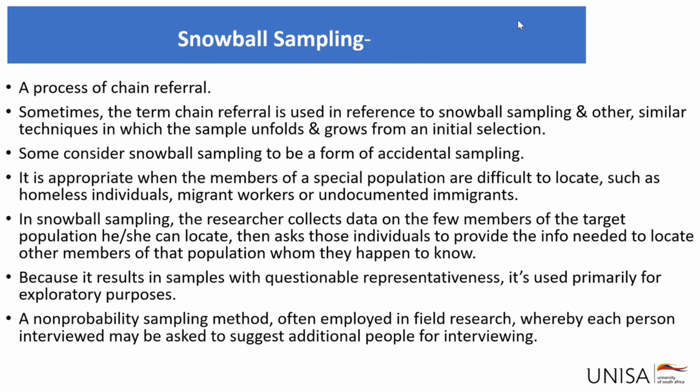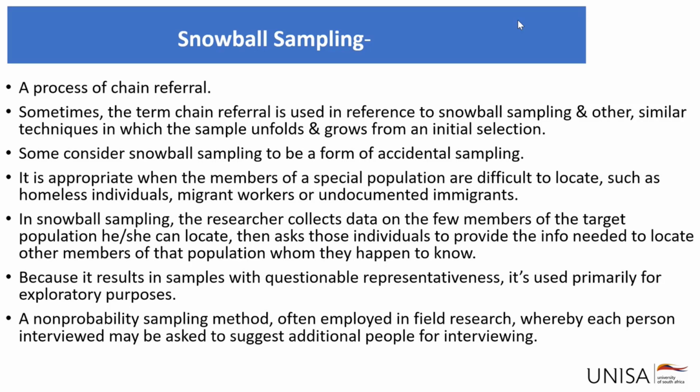So in snowball sampling, you collect data on the few members of the target population that you can locate, then ask those individuals to provide the information needed to locate other members of that population whom they happen to know. So in other words, you say, well, some people are undocumented immigrants.